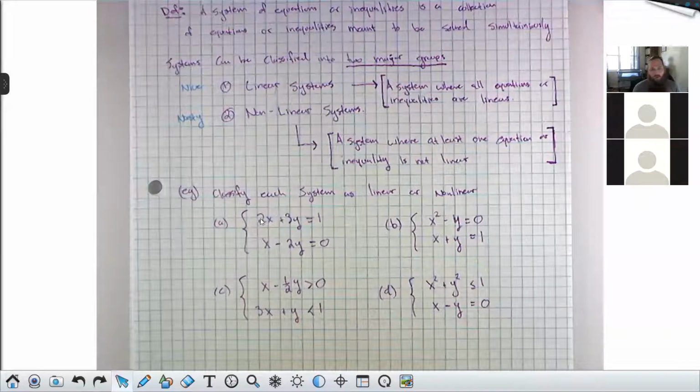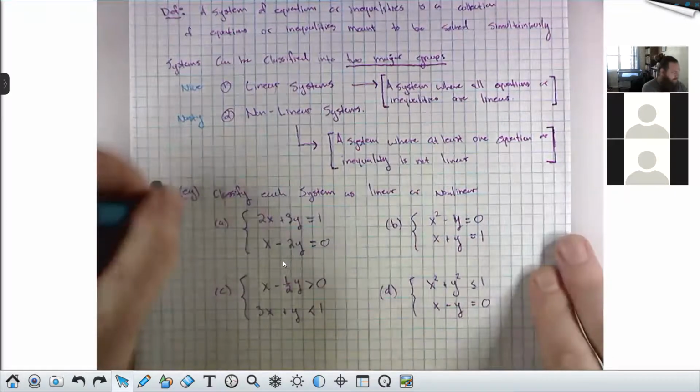It's not under a radical. It's not downstairs in a fraction. And the same is true of y. Y is showing up upstairs to the power of 1, not under a radical or anything like that. So this is definitely a linear equation. And exactly the same logic shows that this is a linear equation. So since all of the equations in this system are linear, the whole system is called a linear system. So this one is linear.